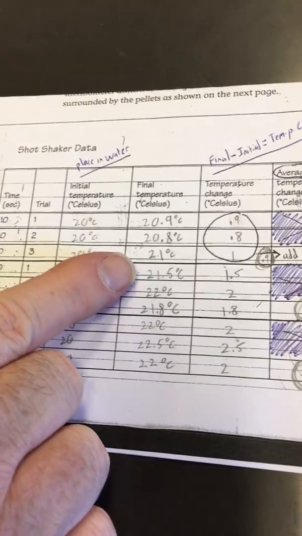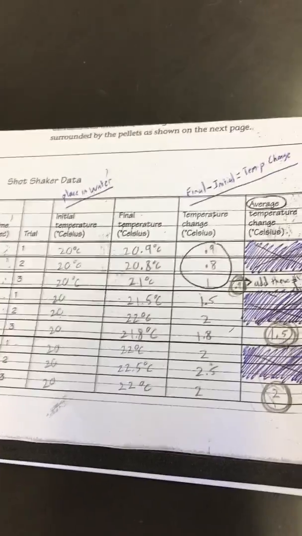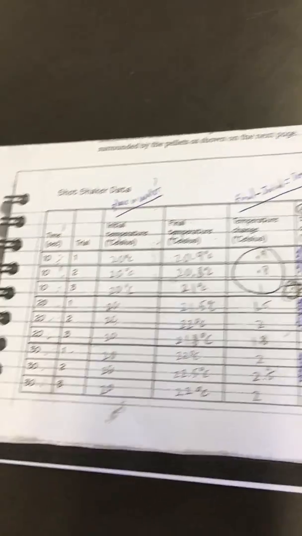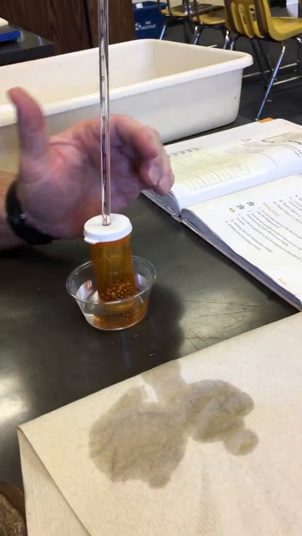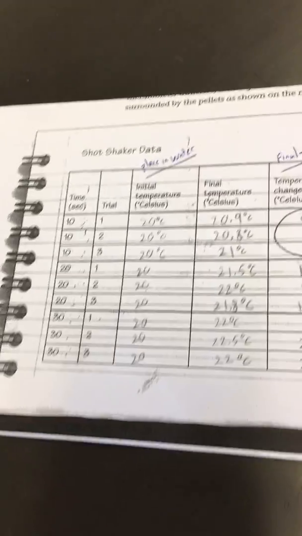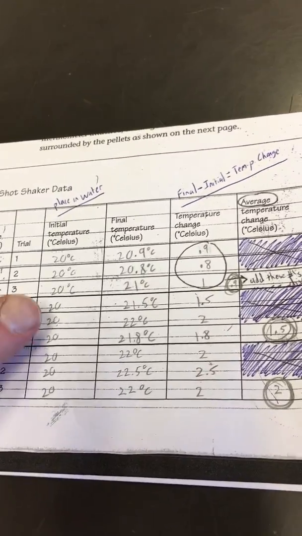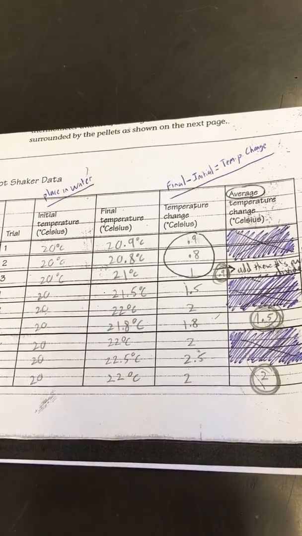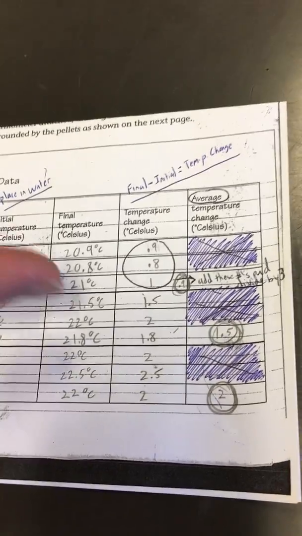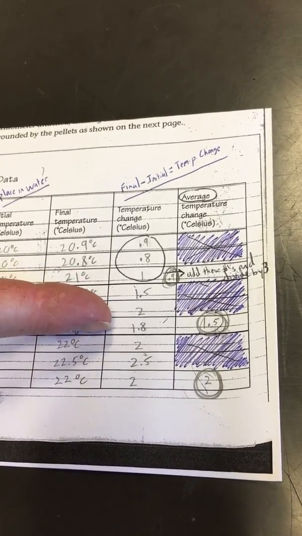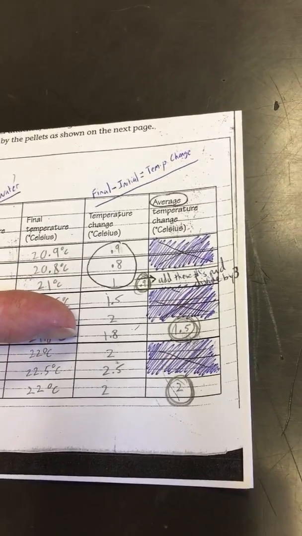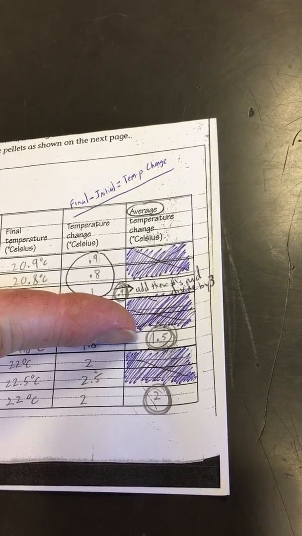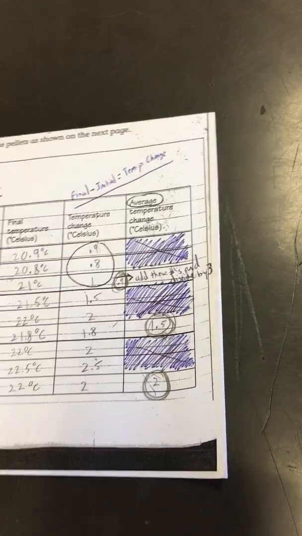I'm going to write down 21.5 for 20 seconds, trial number 1, and a temperature change of 1.5. I'm also going to do this 2 more times. The second time I started at 20 and got 22. The third time I got 21.8. So I need to find a difference of 2 and 1.8. Add these three numbers up, divide by 3, and I have an average temperature change of 1.5 degrees Celsius.